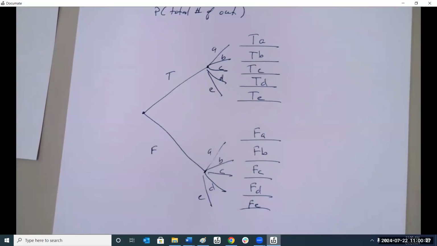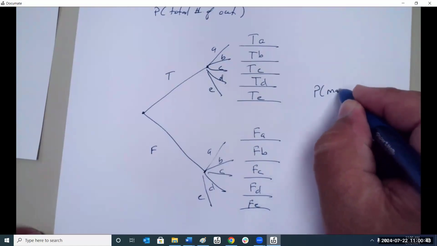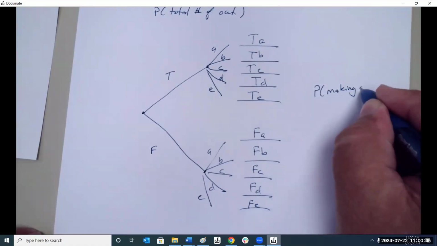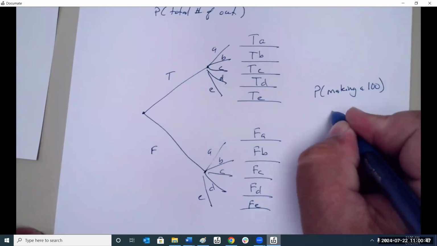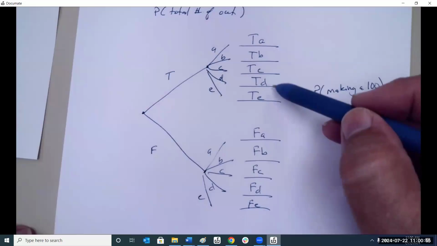So the probability of getting it correct would be what? Probability of making 100 is what in this test? How many right answers are there? I mean, 2. These are the answers.